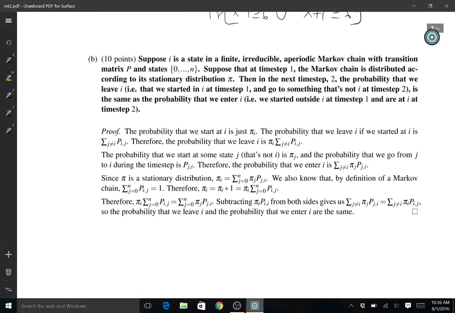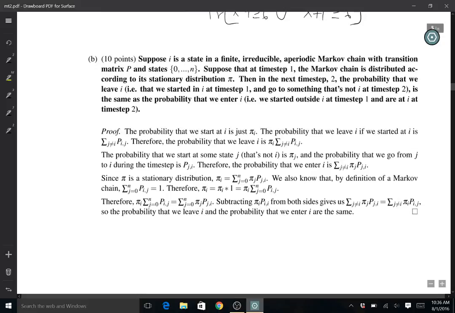So basically the entire text is trying to tell you to prove that the summation over j not equal to i of Pij times pi i is equal to the summation over j not equal to i of Pji times pi j.